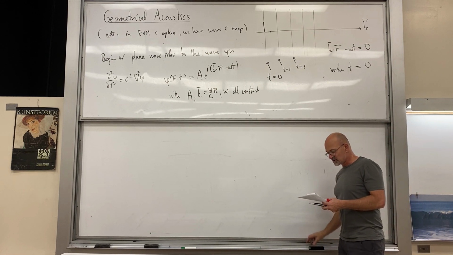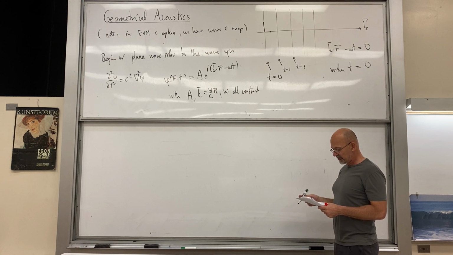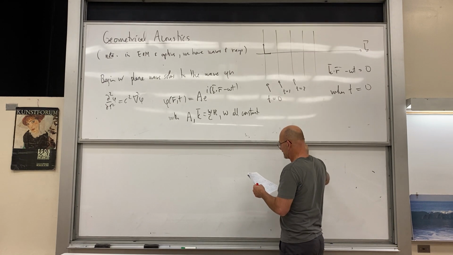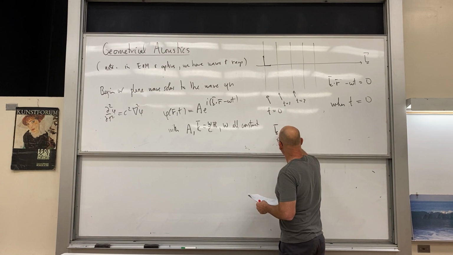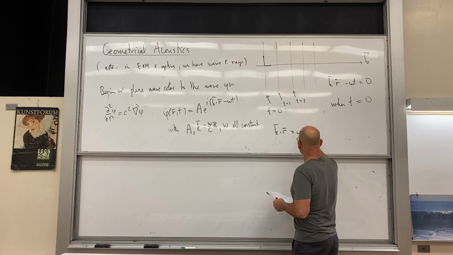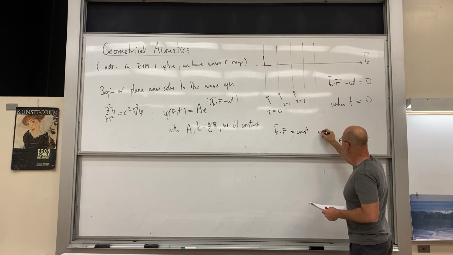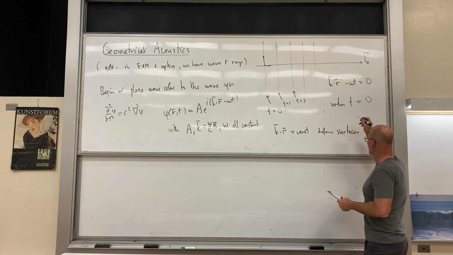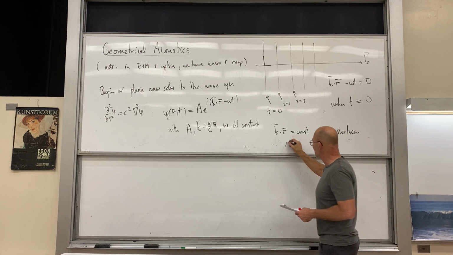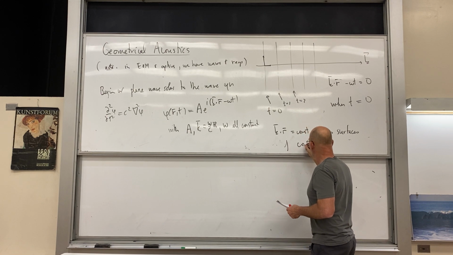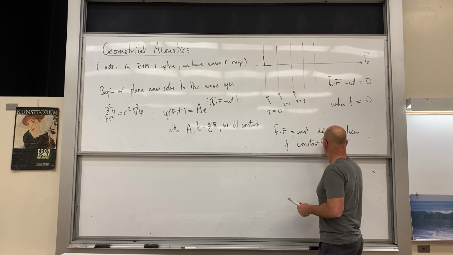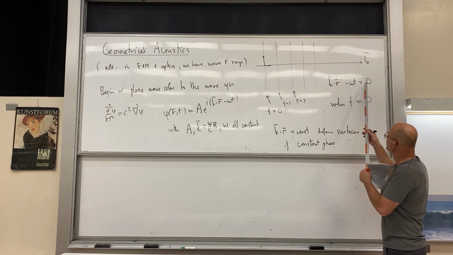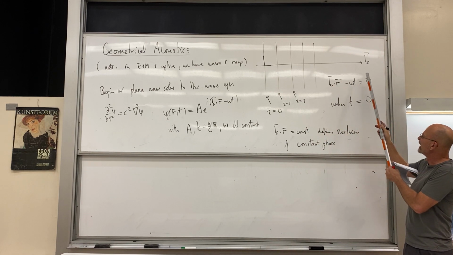Okay, I've got another picture here though. Let's see if that makes it even more clear. Well, what I just said: k dot r equals constant defines these surfaces, the wavefront surfaces of constant phase. Okay, so we have it equal to 0, but if it equals a constant, we still have a constant phase of the whole thing.